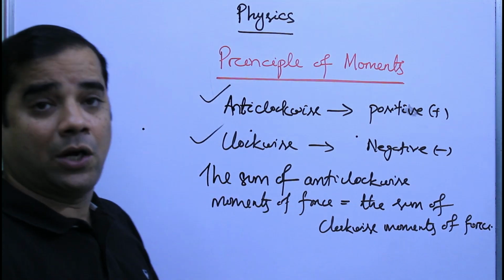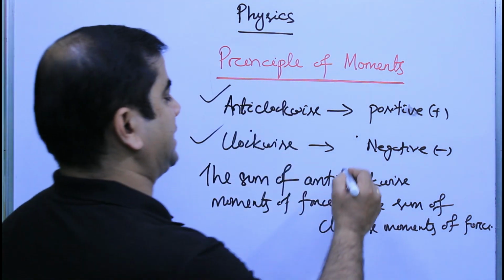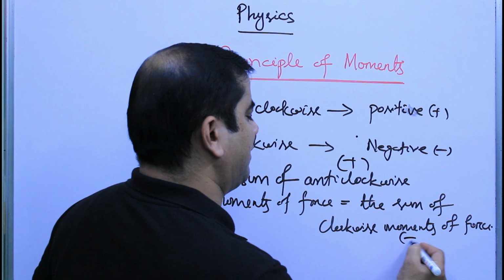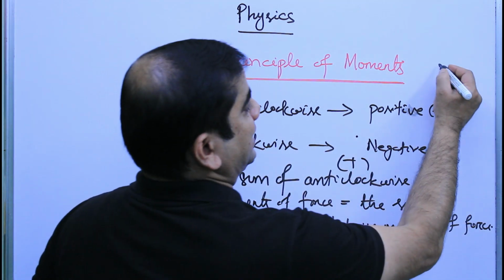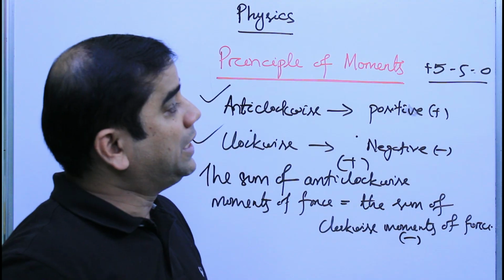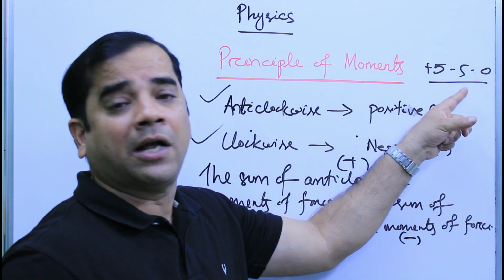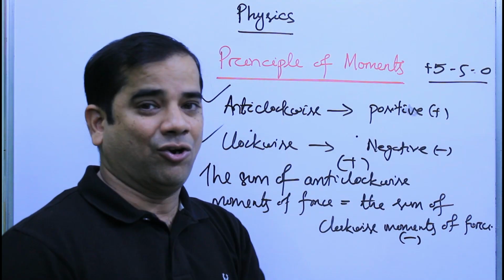Okay, so when they are equal, one is positive and one is negative. This is positive and this is negative. So if they are equal, the sum is equal to 0. For example, plus 5 minus 5 gives us 0, isn't it? So if they are equal, then their algebraic sum should give us 0. That means it is in equilibrium.